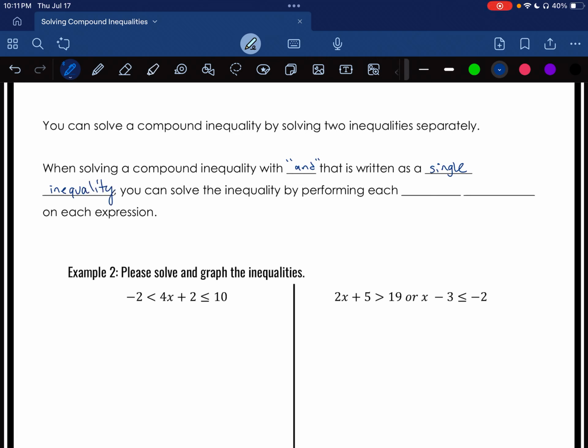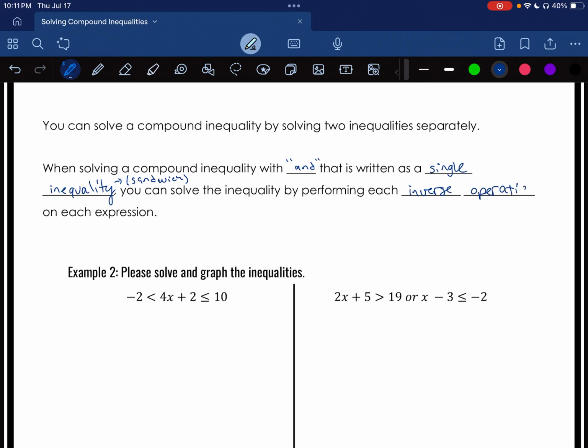So if you write sandwich in your notes, it's fine. That's legal. All right, so you can solve those by performing each inverse operation on each expression.